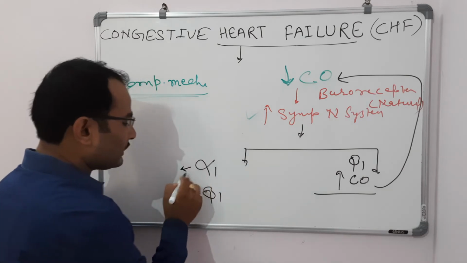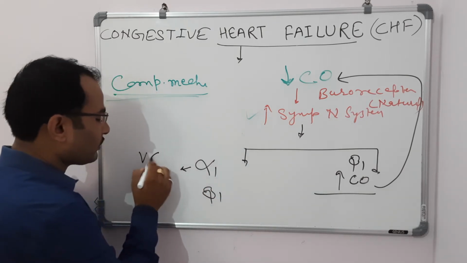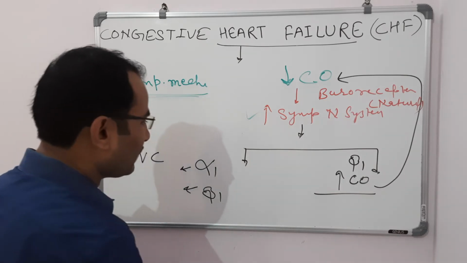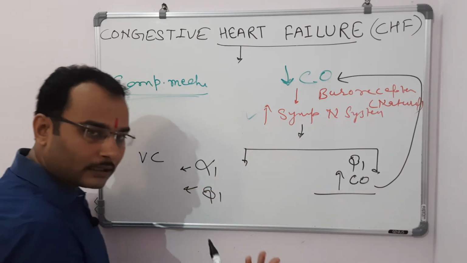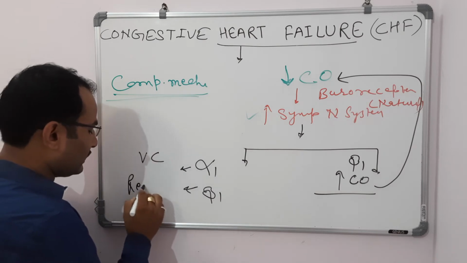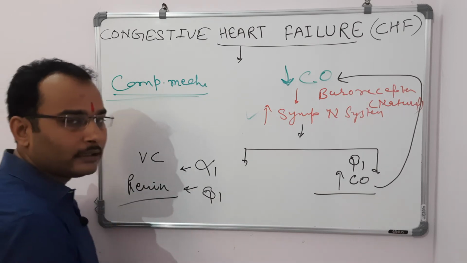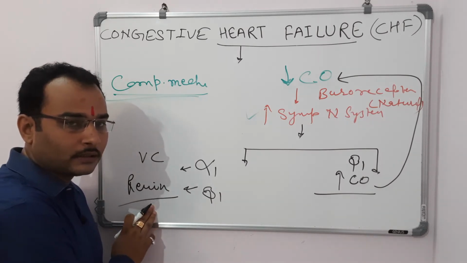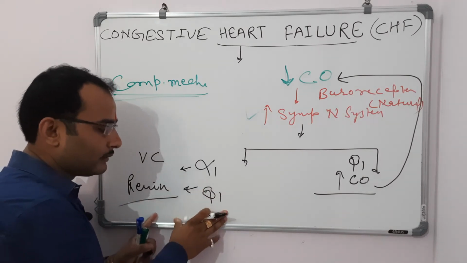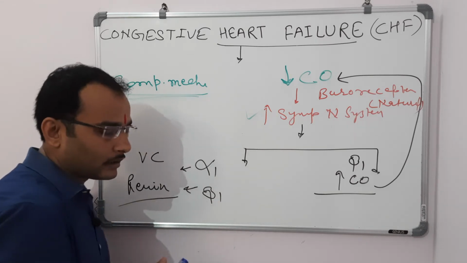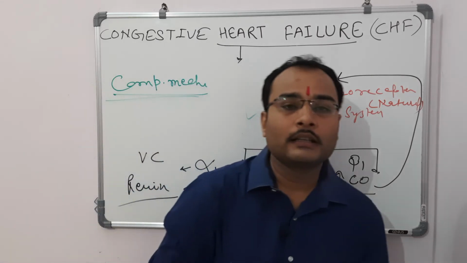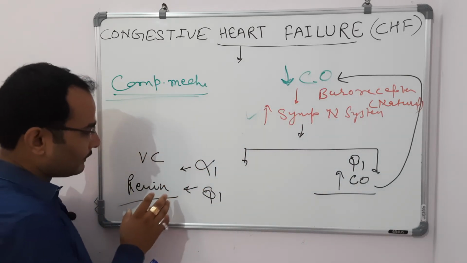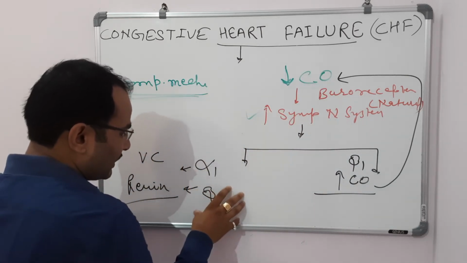Alpha 1 receptor is also responsible for vasoconstriction, and beta 1 receptor is also responsible for increase in heart rate and also for increase in renin release from the JG cell of the kidney, the juxtaglomerular cell of the kidney. I will discuss in detail the beta 1 and renin release in the lecture on diuretics. So here we will limit our lecture only to the alpha 1 receptor and beta 1 receptor.